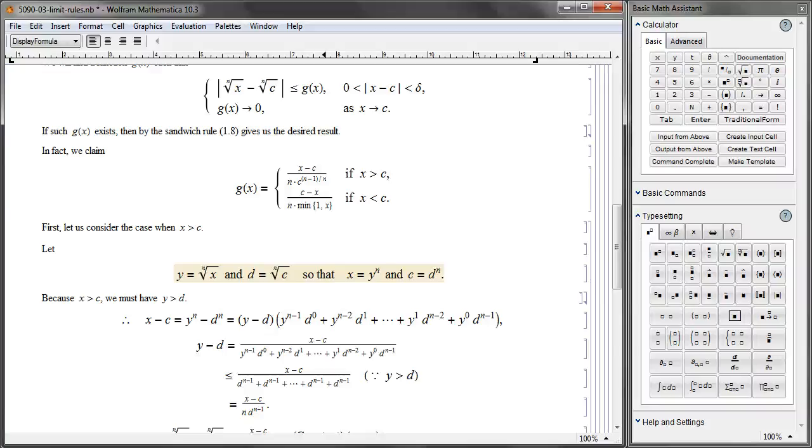And we assumed x is greater than c, right? Okay, so we subtract c from x, x minus c, which is equivalent to y to the nth power minus d to the nth power. And then we factor it. If we do, we're gonna get this y minus d times this expression.